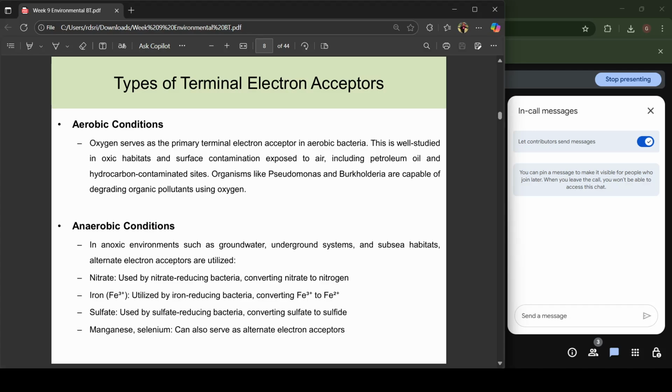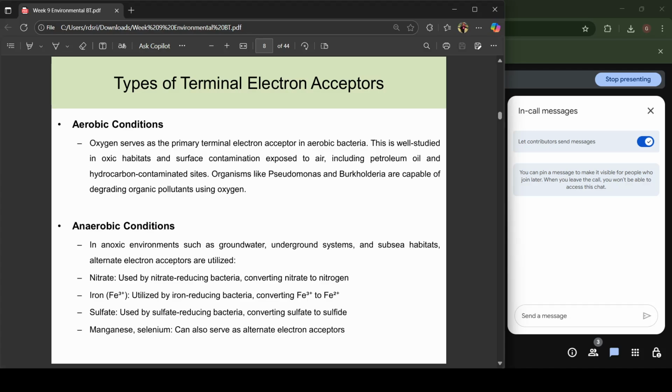In the case of nitrate, we have nitrate reducing bacteria which can convert nitrate to nitrogen. Similarly, iron reducing bacteria can convert Fe3+ to Fe2+. Here you can see the redox reaction happening. Sulfate reducing bacteria reduce sulfate to sulfide.